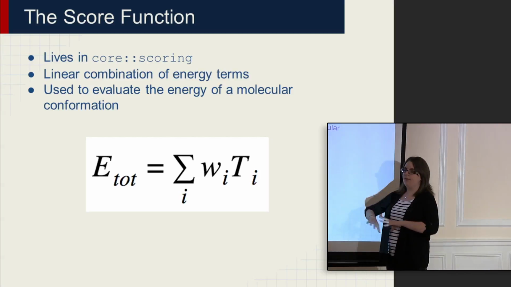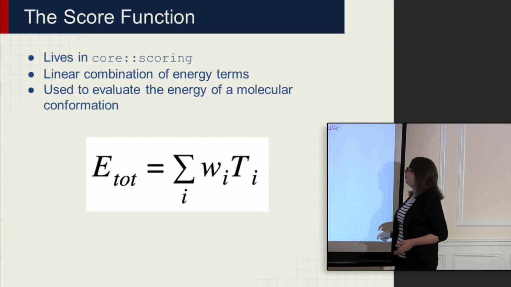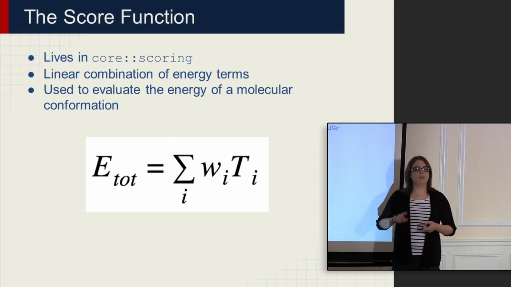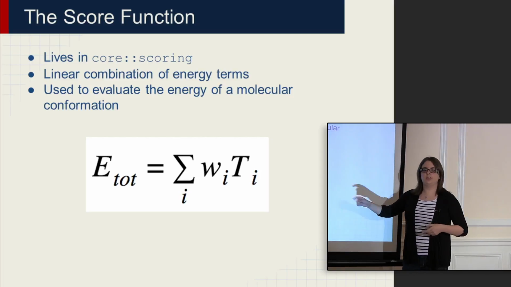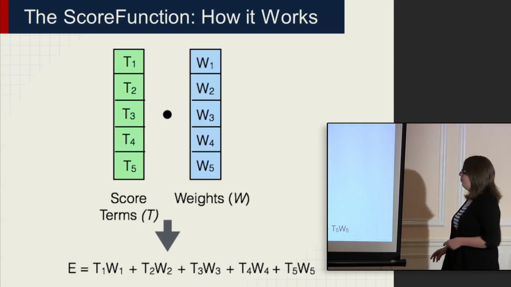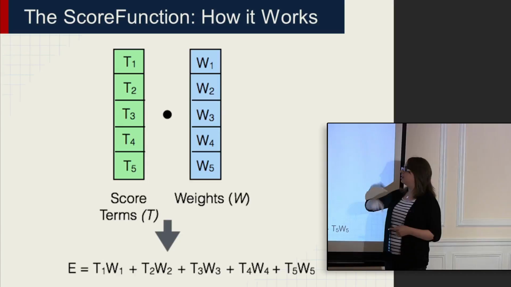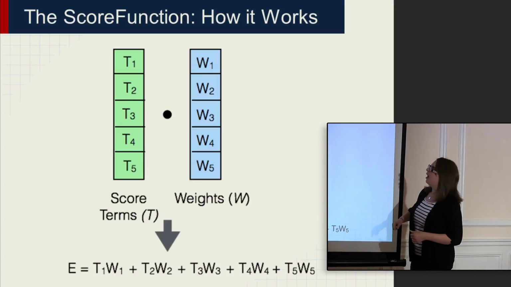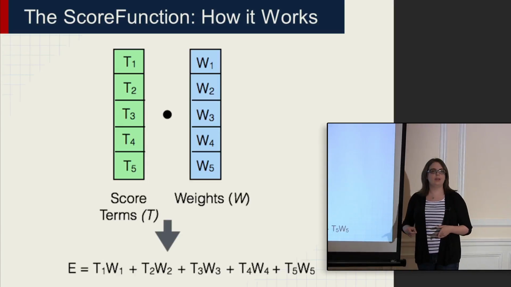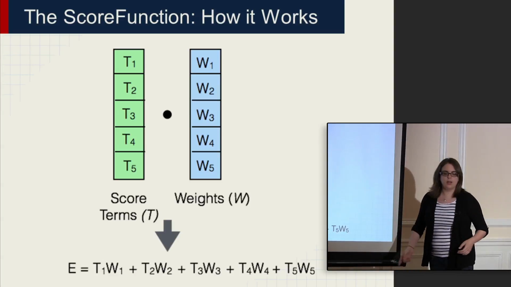If you're evaluating the total energy of a structure in Rosetta, you're basically summing the weighted terms. How this actually happens is the ScoreFunction internally stores a vector of score terms and a vector of weights, and then you just compute the dot product between those, and you get your linear combination of terms.